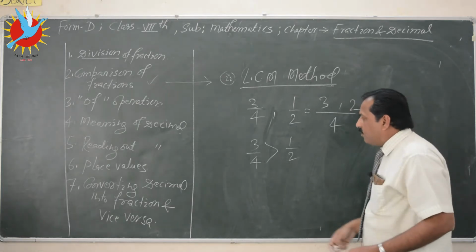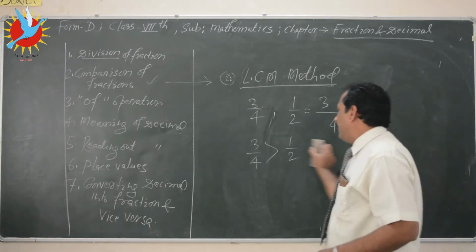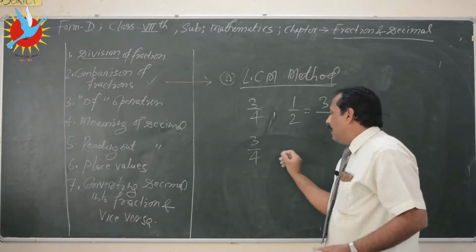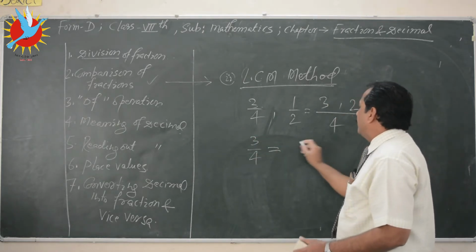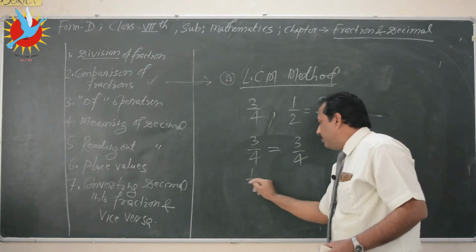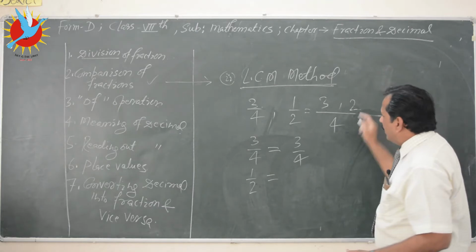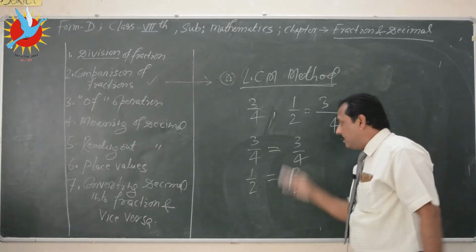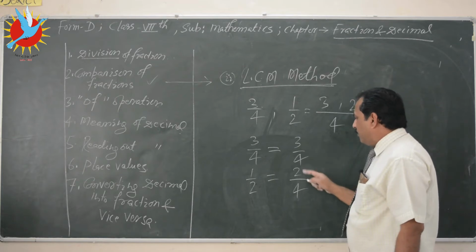So in a proper way we can write it this way: 3 by 4 stays 3 by 4, and for 1 by 2, take this numerator, this is 2 by 4. We have converted these fractions into like fractions, 3 by 4 and 2 by 4.